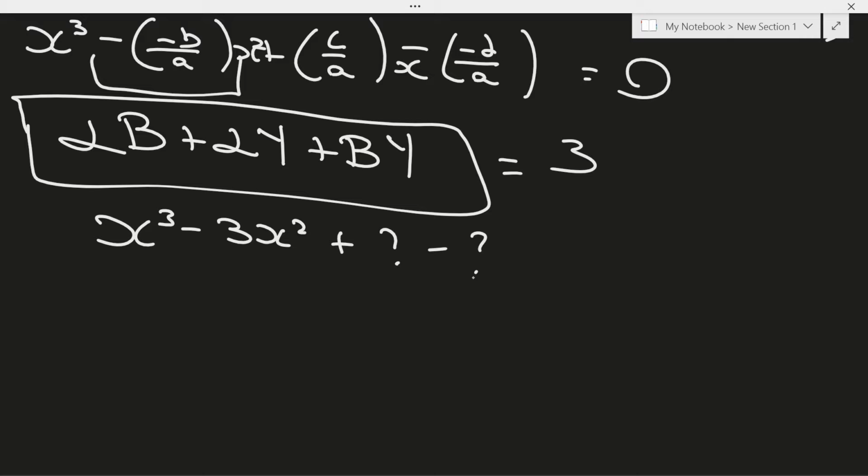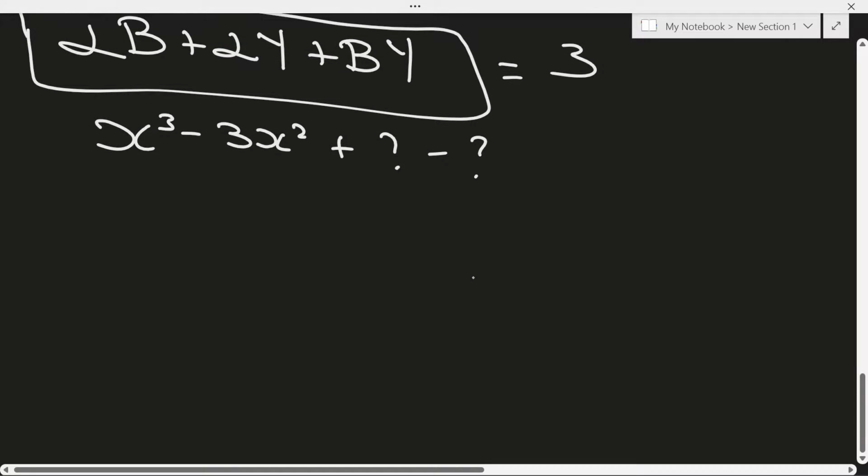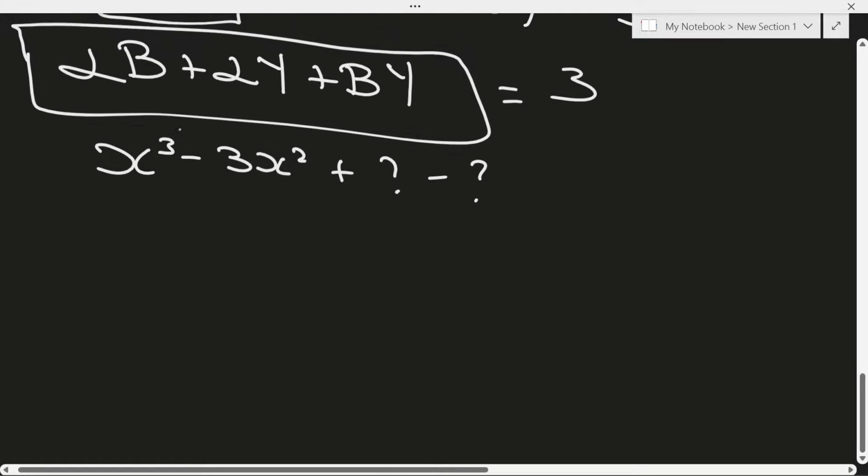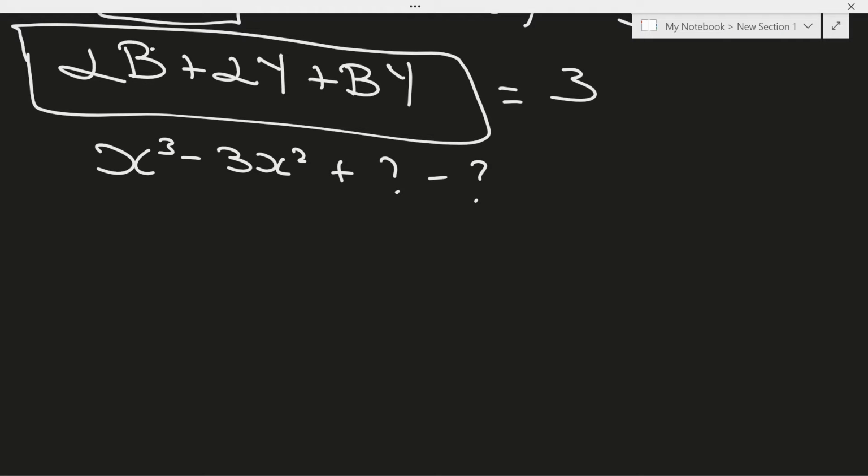So if we want to get the sum of the product of two roots at a time, which is the c over a value, what will we do? Hopefully you're writing this in a notebook while working it out. Let's say we want to find the sum of the product of two roots at a time.